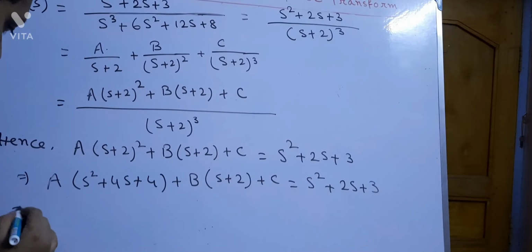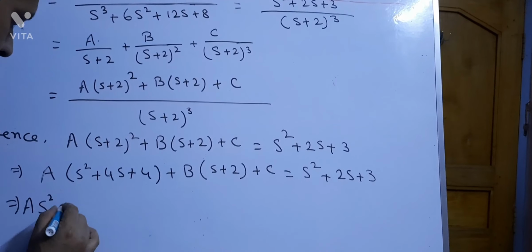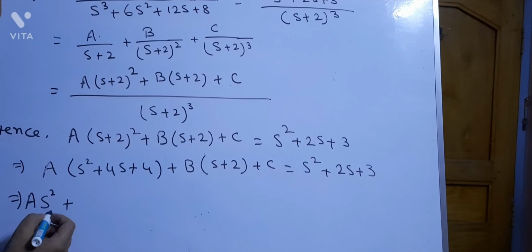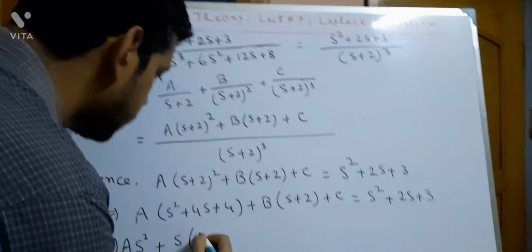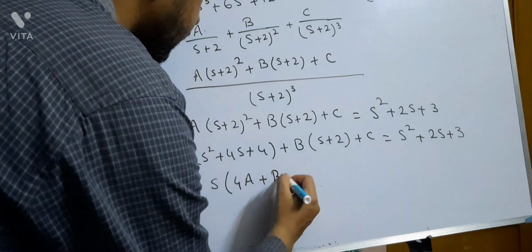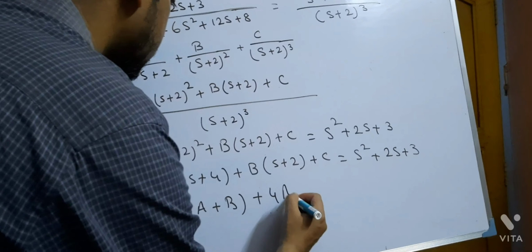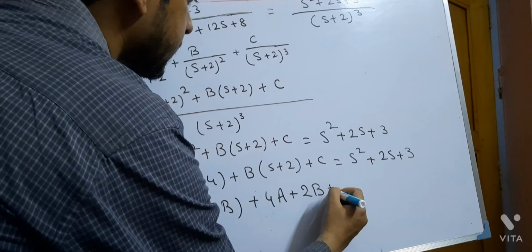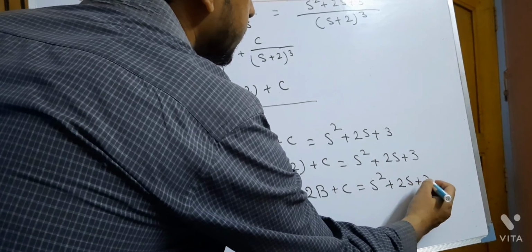Therefore, the coefficient of s square is A, the coefficient of s is 4A plus B, and the constant term is 4A plus 2B plus C.